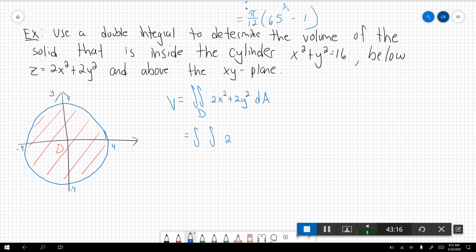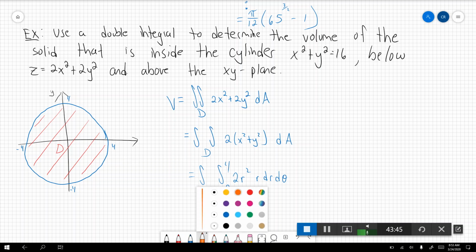Would you agree that x squared plus y squared is just r squared? All right, good, I would too. So I'm just going to keep this as a domain, making this 2r squared r dr d theta. We need radii. Radii goes from 0 to 4, and that radius is beginning at the origin, going out to this specific value on the cylinder, or on the circle.